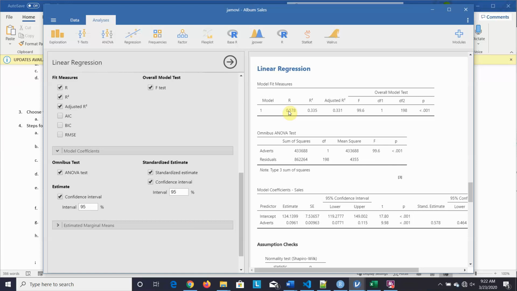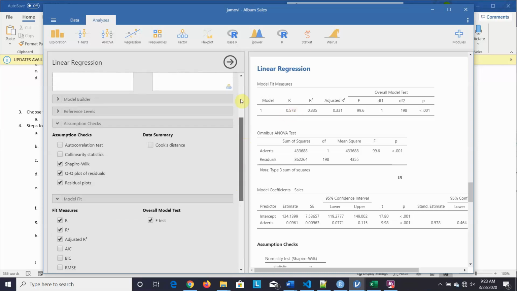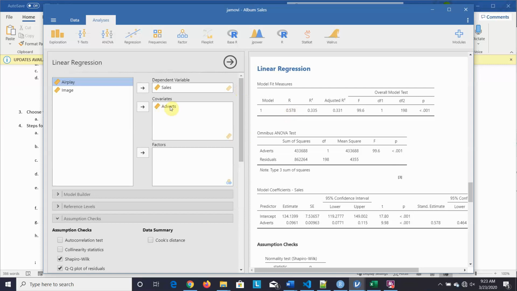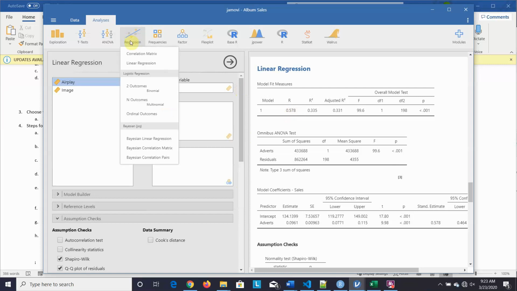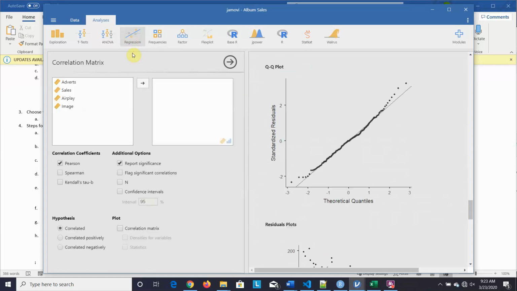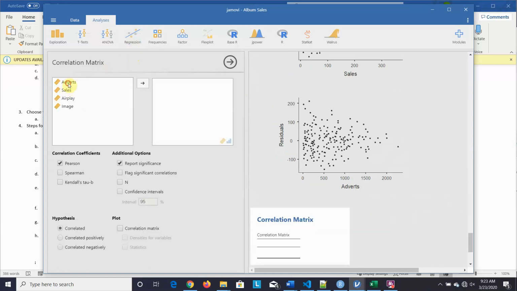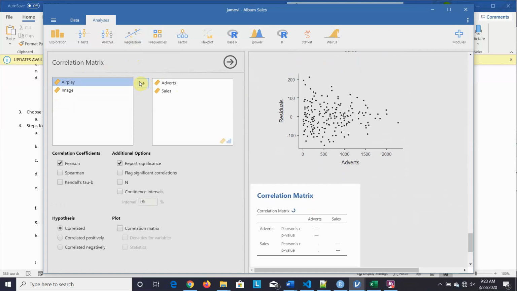And right now, I'll actually run a correlation, maybe I'll go run that correlation right now. We only have two variables: advertising budget and record sales. I'm going to go back to regression and do a correlation, and let's put in advertising and sales.